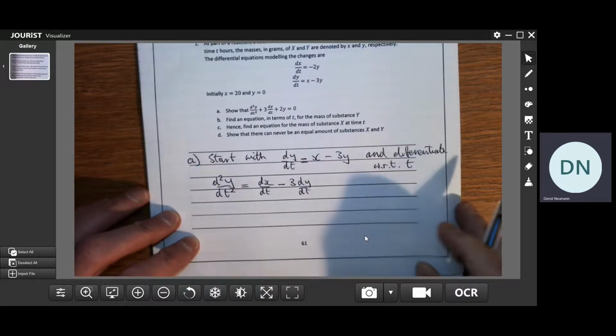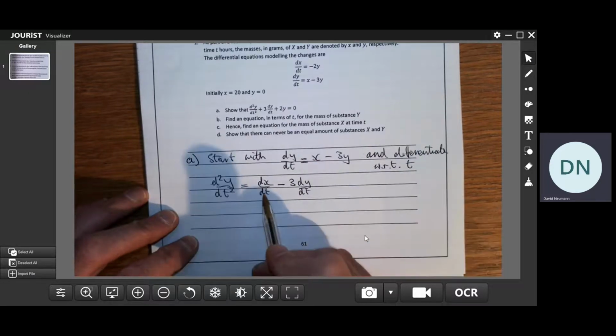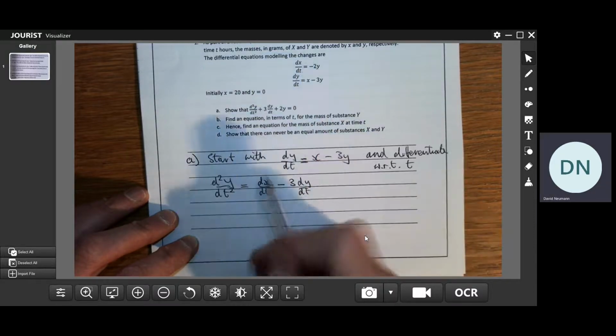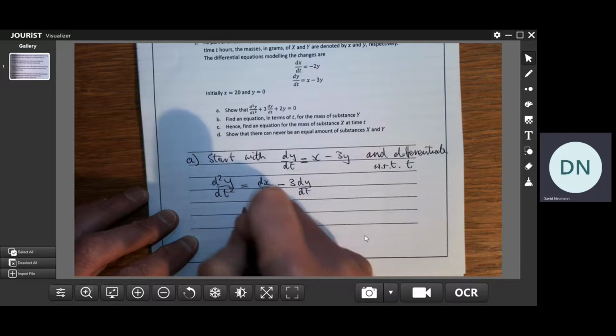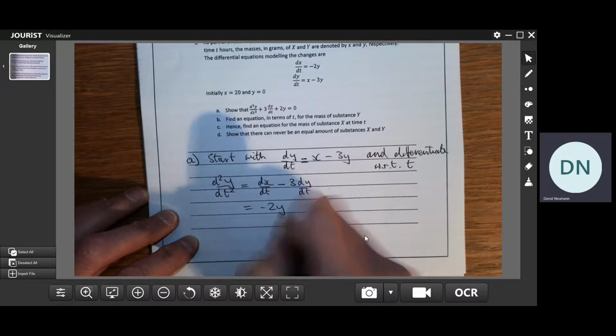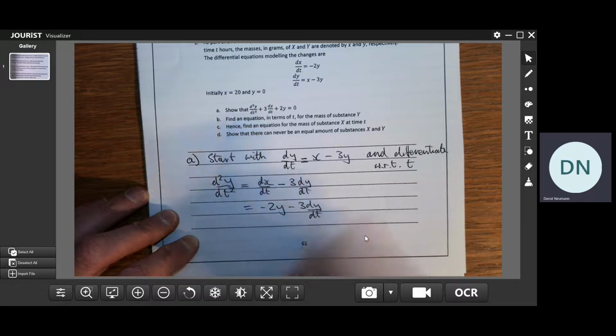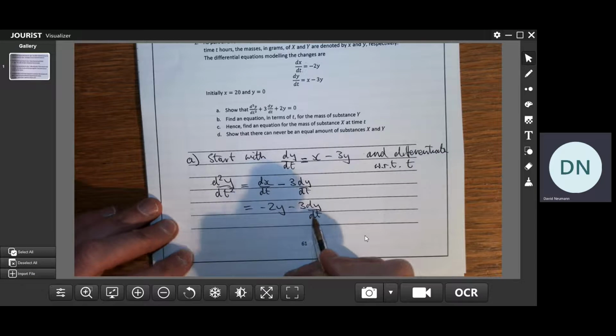So we've still got something involving x and y, but we know that dx by dt is equal to minus 2y, so we can substitute in there. So that's equal to minus 2y minus 3 dy by dt. And now all we've got to do is rearrange this all to one side.